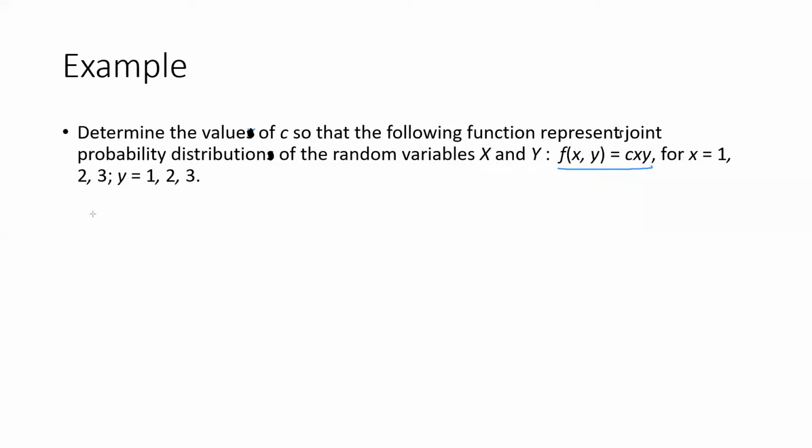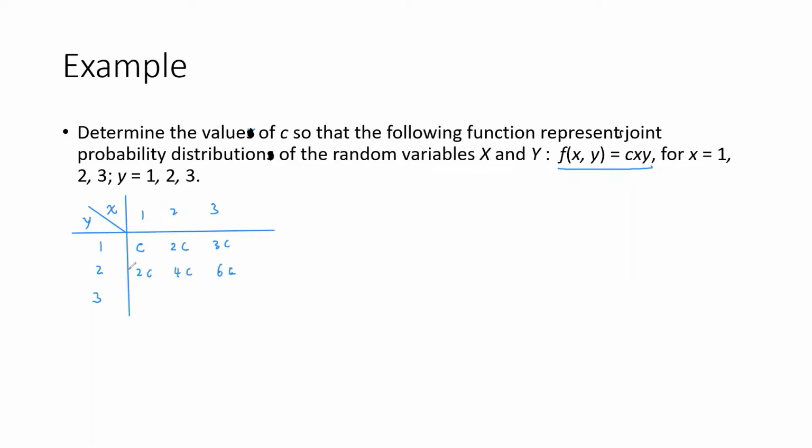One way of working with this is just to draw the table like what we did earlier, but then I'll give you a different way of looking at it, using the double sum. Some people don't feel comfortable with the double sum, that's all right. So x is 1, 2, 3, y is 1, 2, 3. You have C, 2C, 3C. And here you have 2C, 4C, 6C.